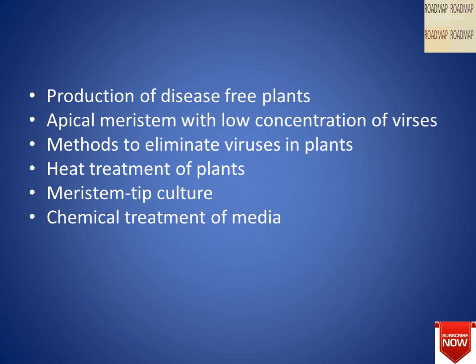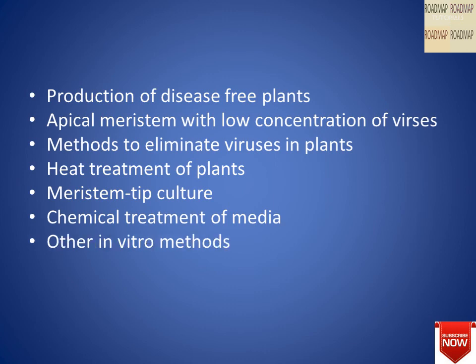The reports from these experiments were that, in the elimination of viruses by chemical treatment of the media, addition of cytokinin suppresses the multiplication of certain viruses, while for some other viruses it actually stimulated it. So a few of the viruses get suppressed, and a few of the viruses get stimulated by the chemical treatment of the media.